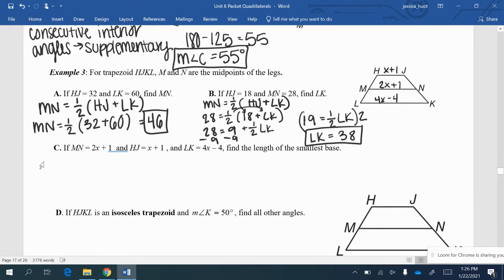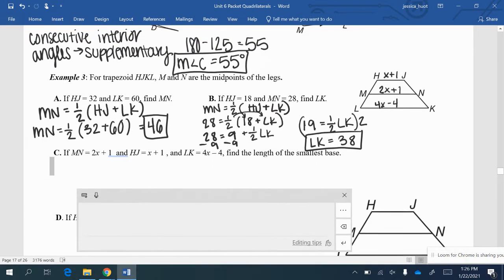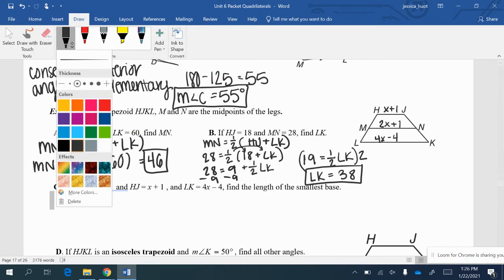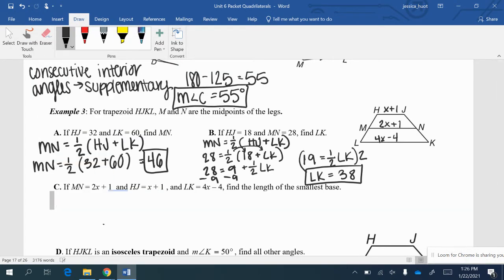Okay, so our mid-segment, MN, is 1/2 our two bases.